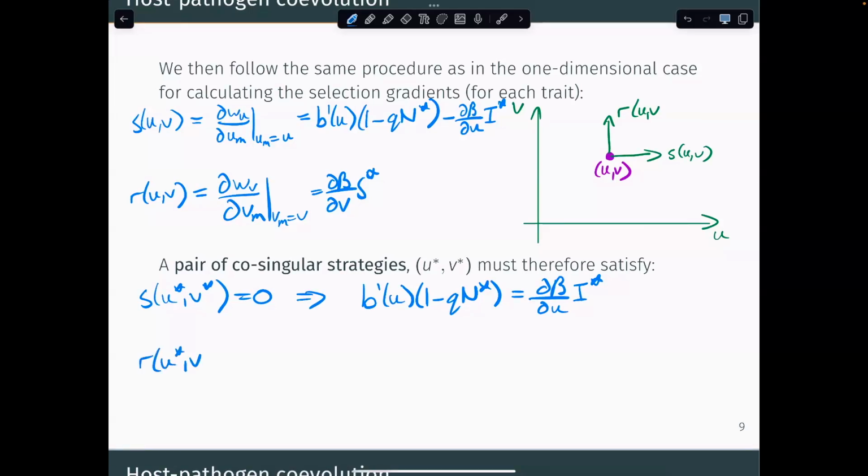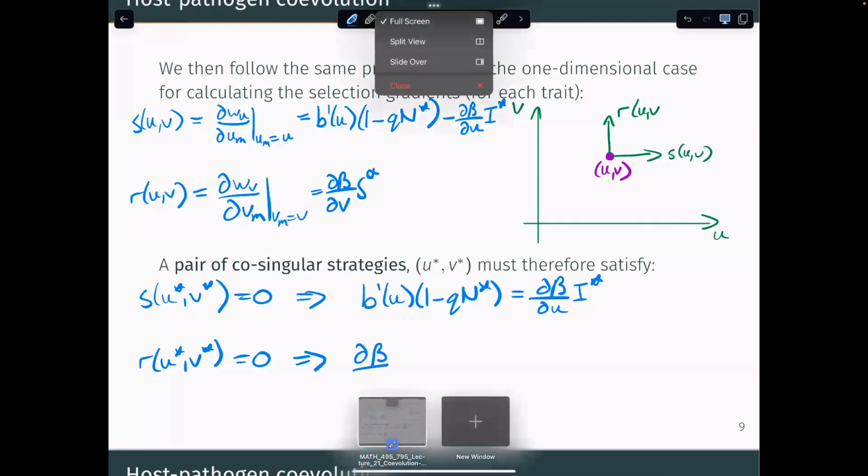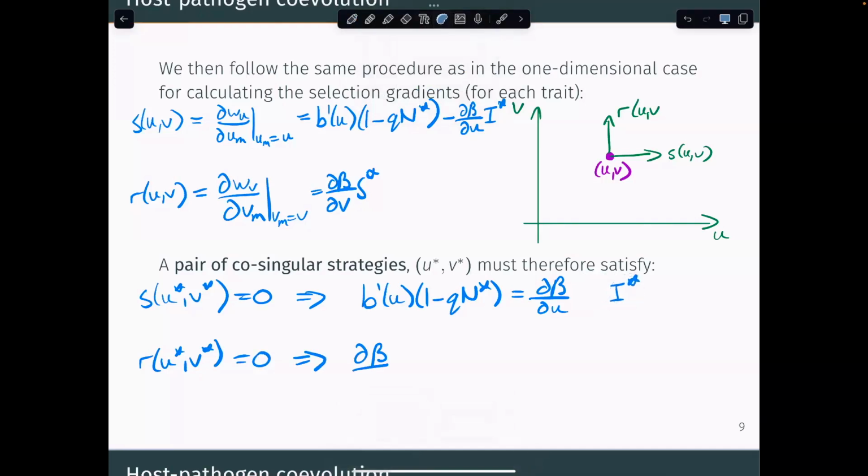For a pathogen, we set the singular strategy equal to 0 with these equations here. Well, this tells us that d beta, sorry, I should actually add a little bit about the evaluation here. Let's just edit this equation up here. This gradient here is evaluated at U star, V star, okay?